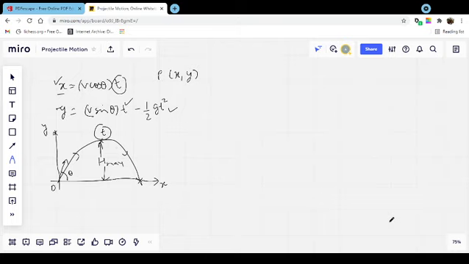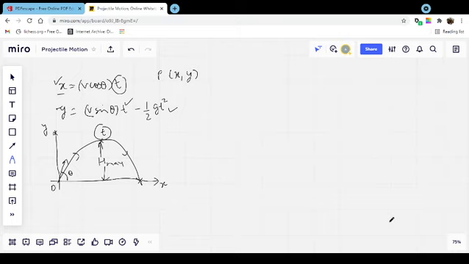Shouldn't these times be the same? By symmetry we can say that these two times must be the same, and if we combine these two times, we would simply get the time of flight, and we can easily calculate the time at which the body is at the highest point.